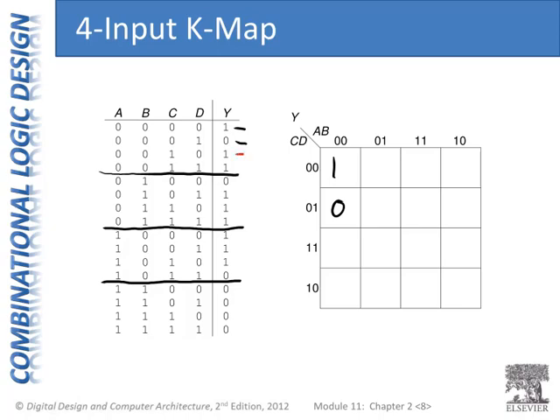In order to keep boxes adjacent, we have to jump, when we enter it, to the bottom row. So 1, 0, this 1 here goes into the 0, 0, 1, 0 box, and now we have the 0, 0, 1, 1 box.